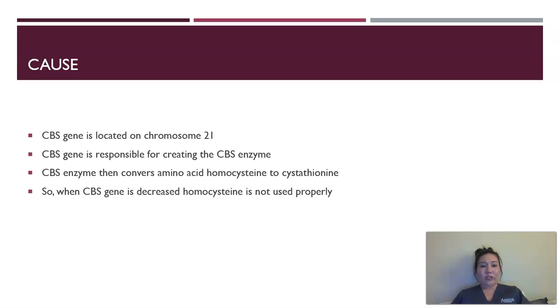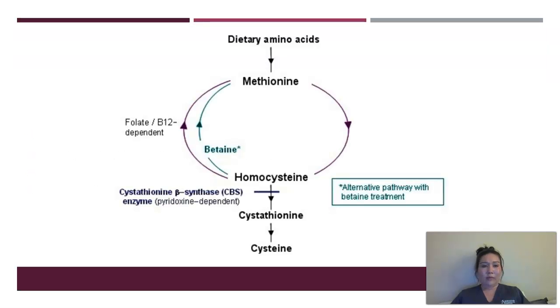I did think it was interesting that if you have one normal copy of the CBS gene but one mutated, you will not be diagnosed with homocystinuria, but you'll be more likely than other people to have vitamin B12 and folic acid deficiencies. So you could still have some health issues, things that can be rectified easily, but still some health issues, which is kind of interesting.